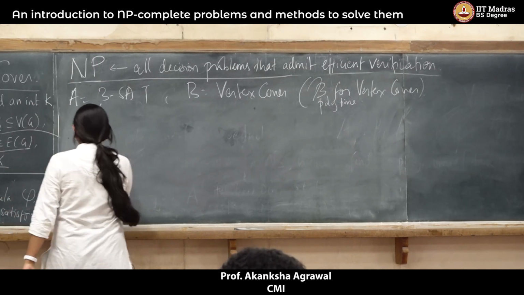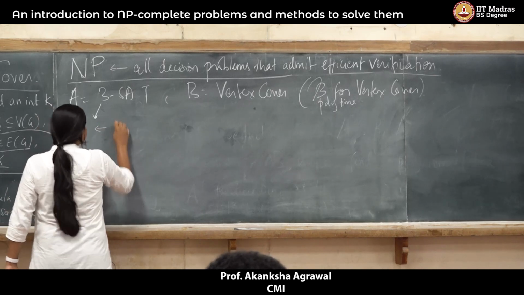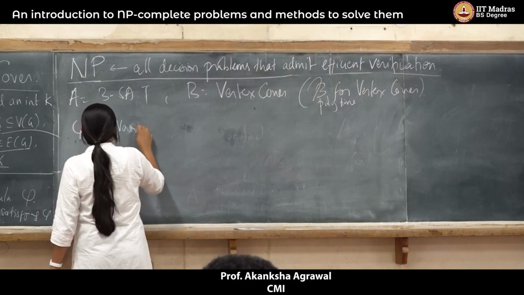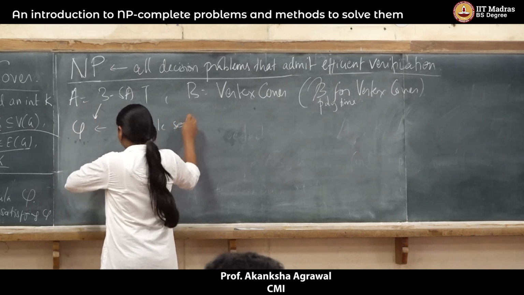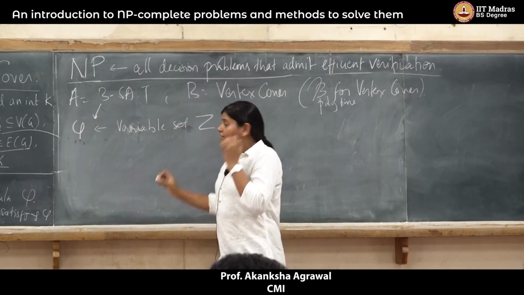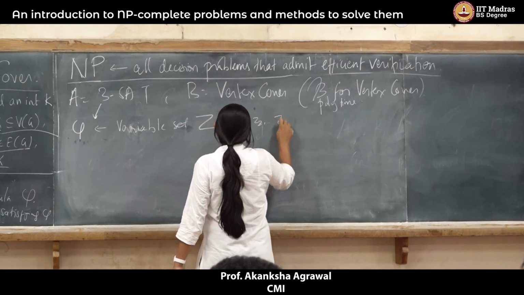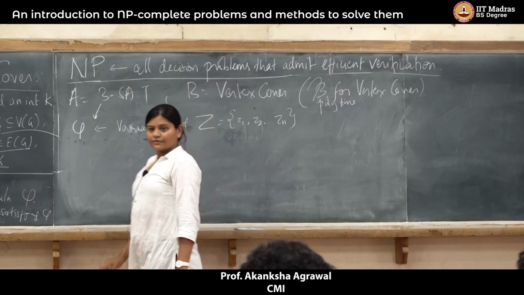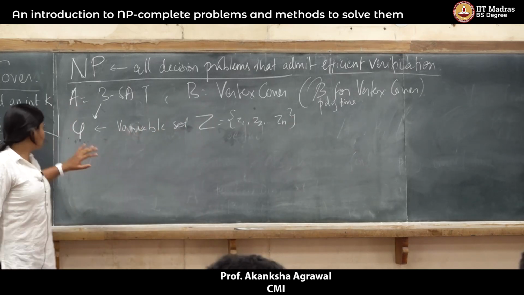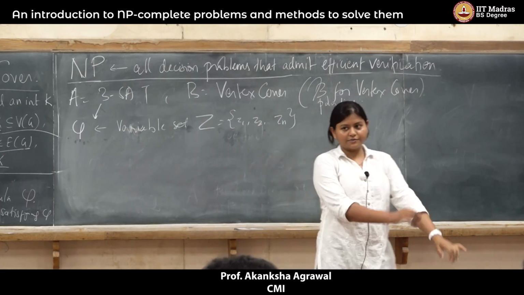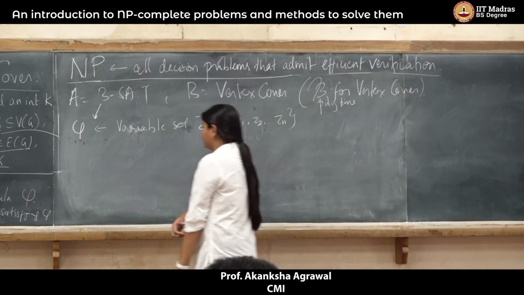Suppose phi has variable set z, where the variables are z1, z2, and so on up to zn, and we have clauses. So phi is a CNF formula over this variable set z. Phi is a 3-CNF formula.